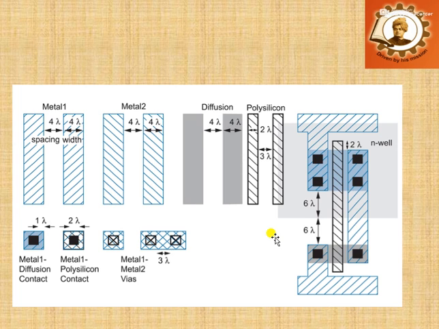Here we have seen the structure of our N well and the formation of our inverter. For the N well we have 6 lambda separation for our NMOS and PMOS. This is shown in the figure.